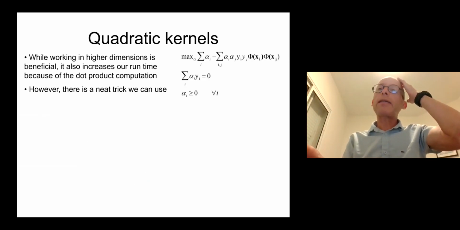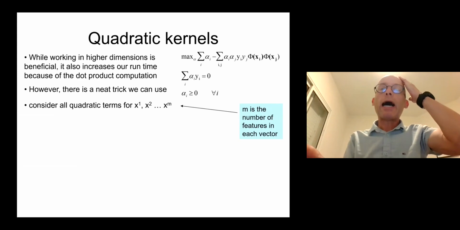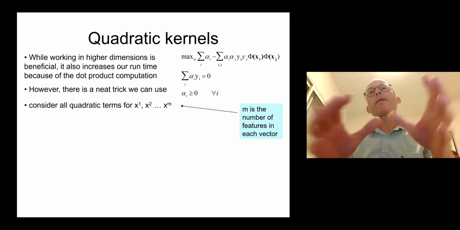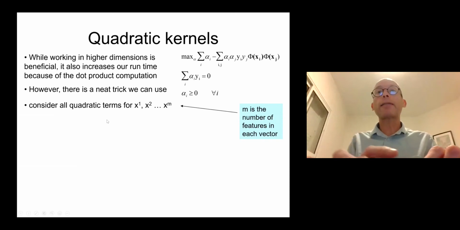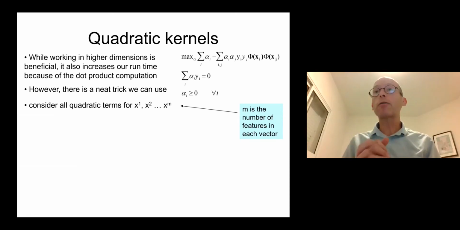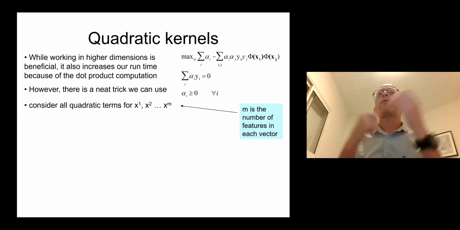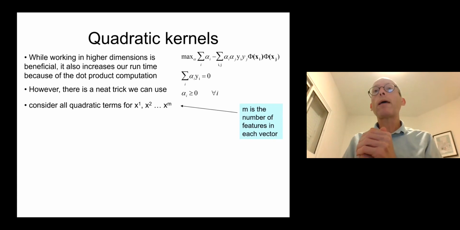The first example we'll talk about is something called quadratic kernels. Quadratic kernels use a set of inputs, let's say x1 to xm, say pixels in a picture. So we have, let's say, 4x4 or 8x8 or 32x32 images.